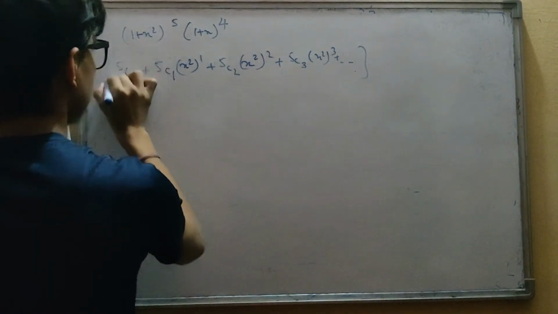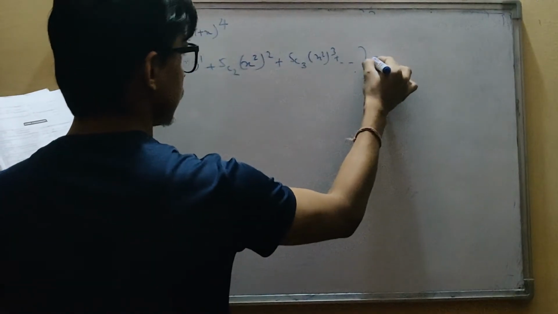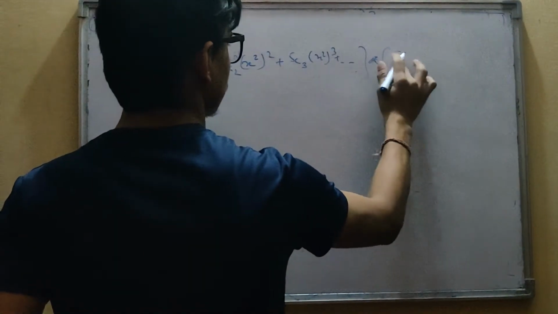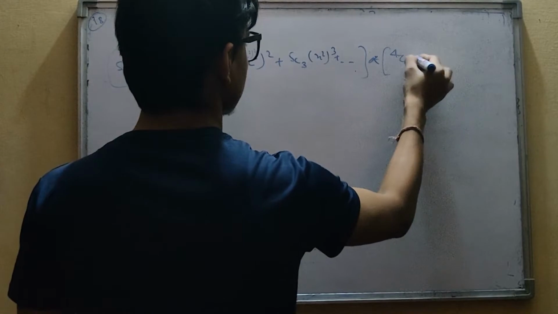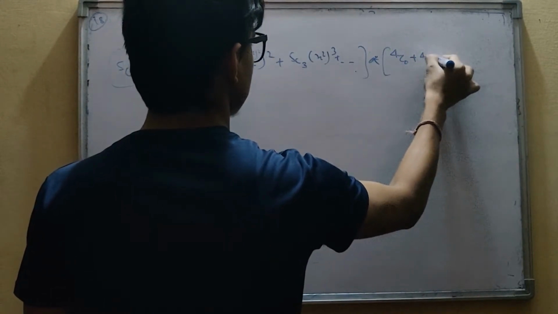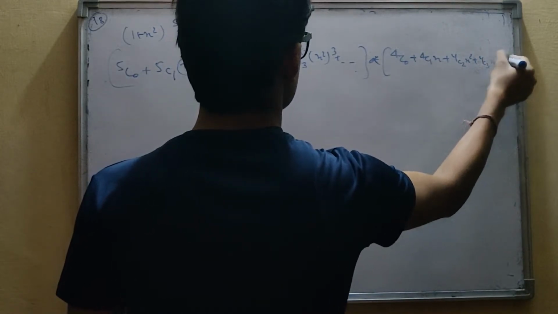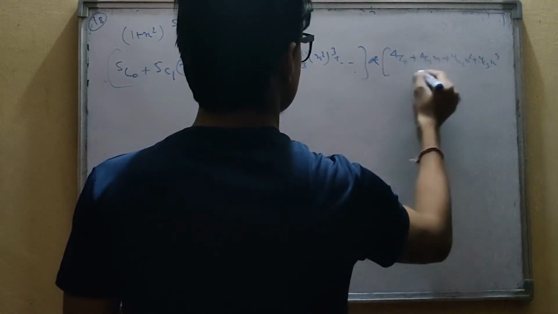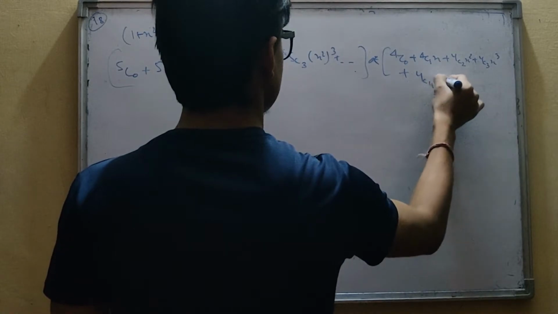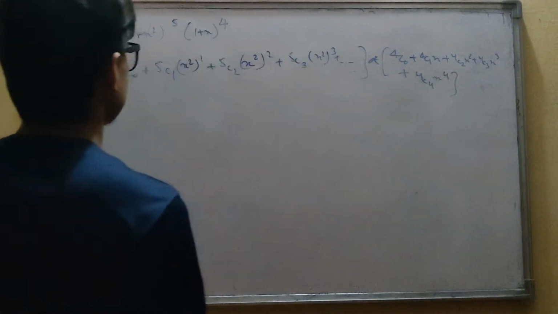This is multiplied with (1 + x)⁴, so 4c0 plus 4c1 x plus 4c2 x² plus 4c3 x³ plus 4c4 x⁴. So this is what it becomes, right?